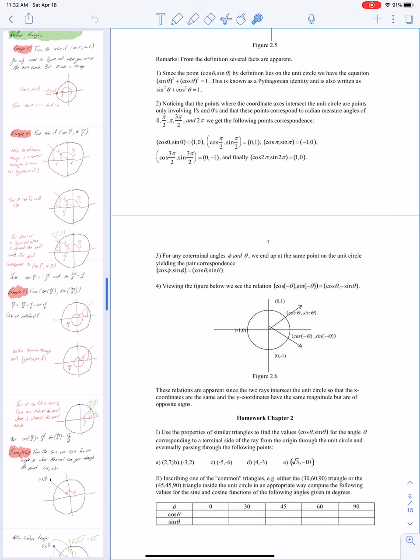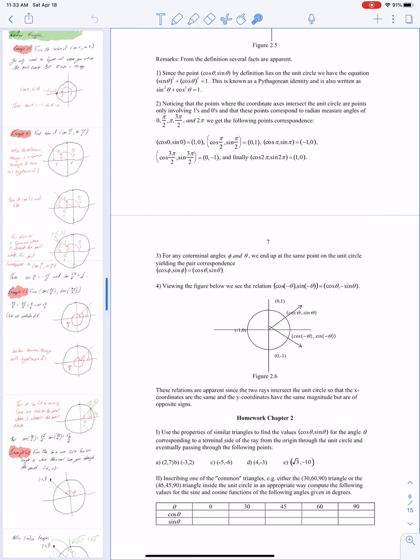Well, let's think about this. This x value is the same as that. So cosine of minus theta is the same as cosine of theta, whereas this y value here is positive, this y value is negative, but it's the same in absolute value. That would tell me that the sine of minus theta is minus sine theta.